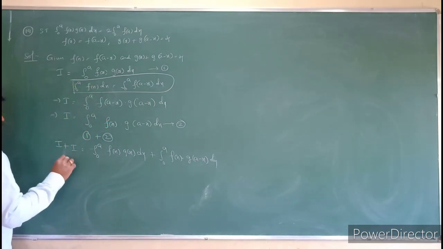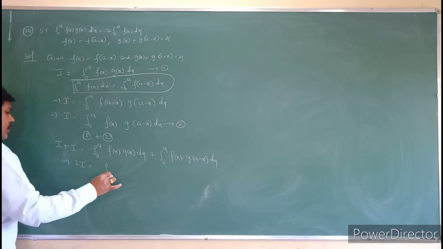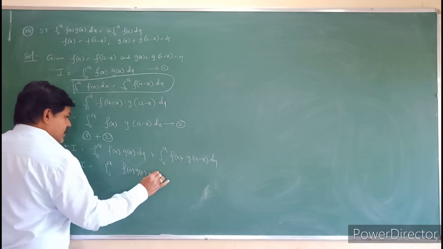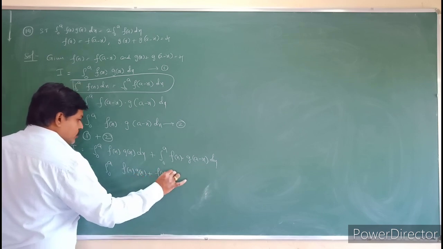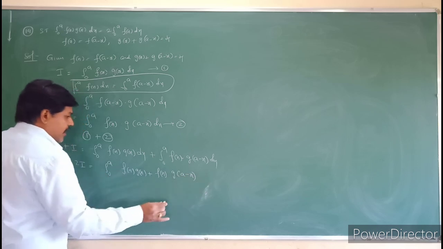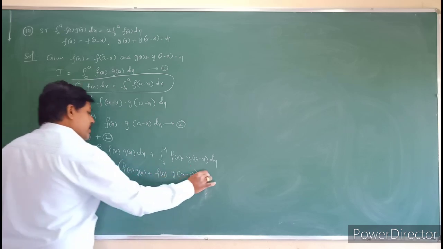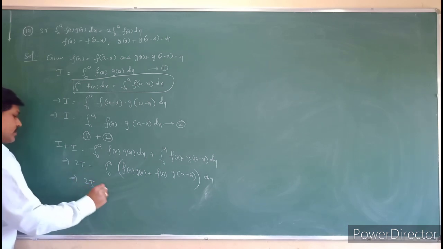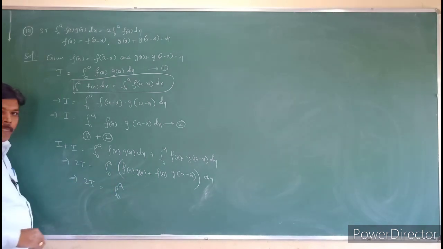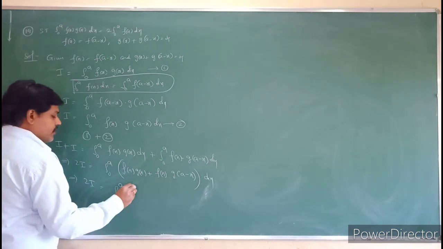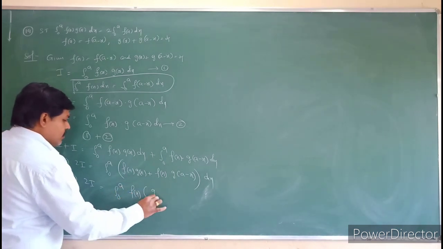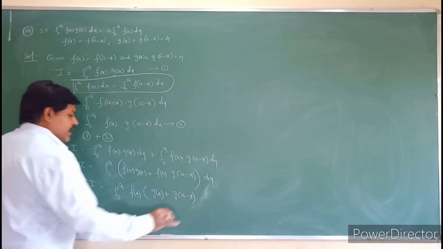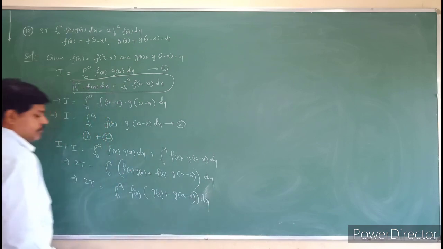So 2I is equal to the integral from 0 to a of f(x) g(x) plus f(x) g(a − x) dx. What term can we take common? f(x). Taking f(x) common, it becomes g(x) plus g(a − x) dx.